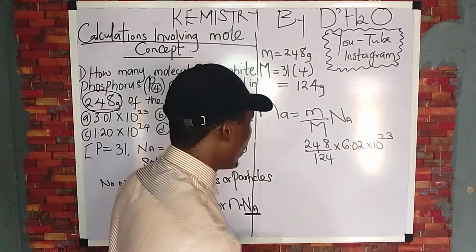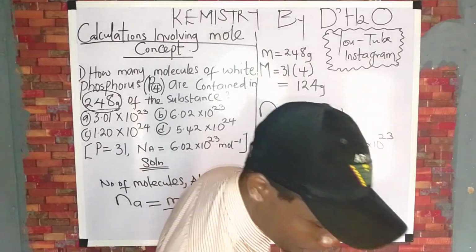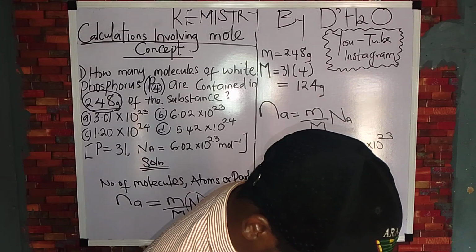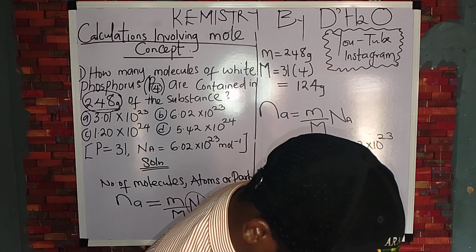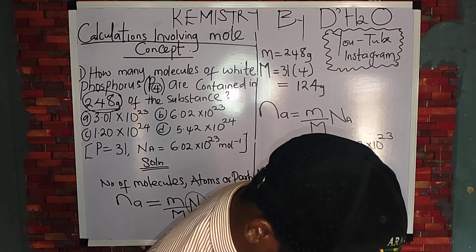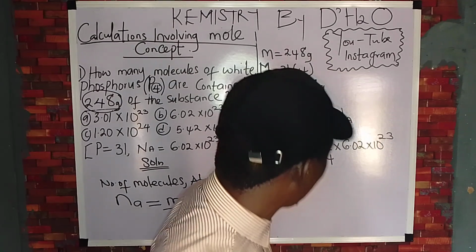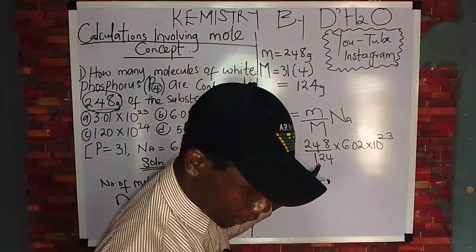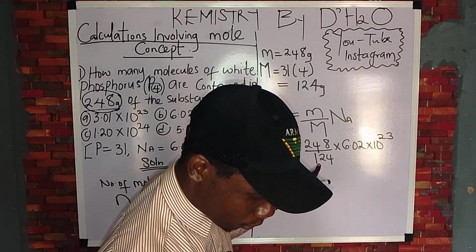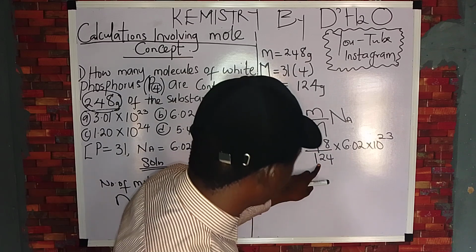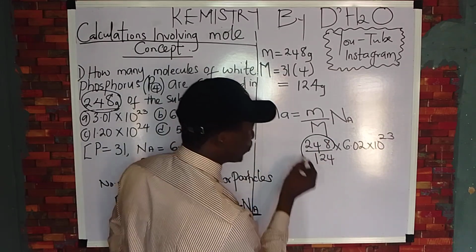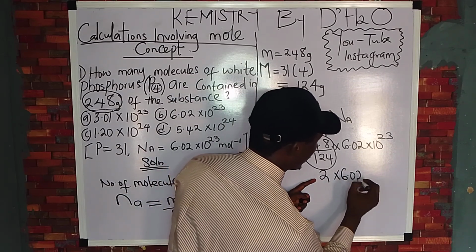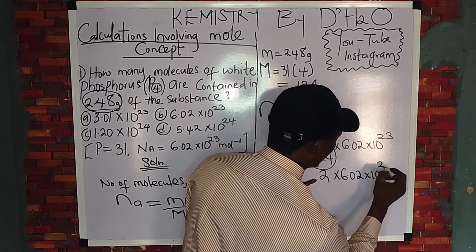So what do we simply do? We are going to divide 248 by 124. If you divide these two values, you are going to get 2 times 6.02 times 10 raised to power 23.